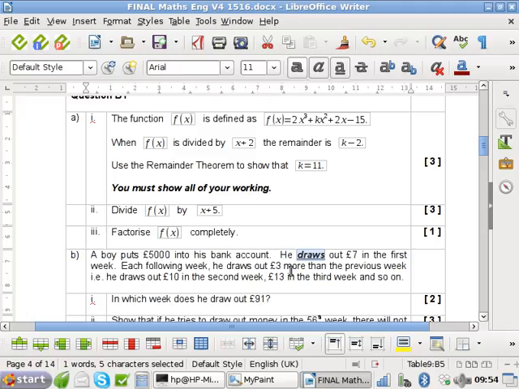Anyway, it doesn't matter. A boy puts 5,000 into the bank, so that is one rich boy. He withdraws £7 in the first week, and then £3 more each week. So he starts off with 5,000.